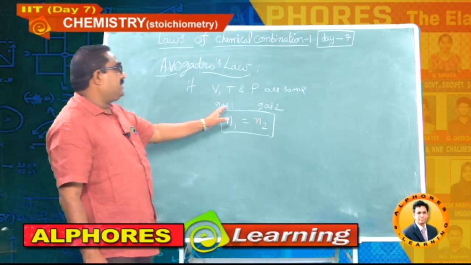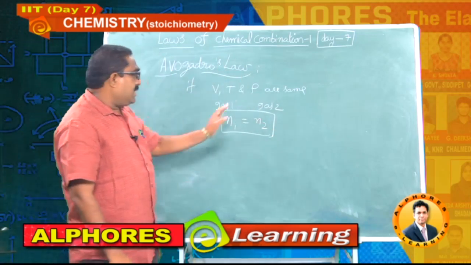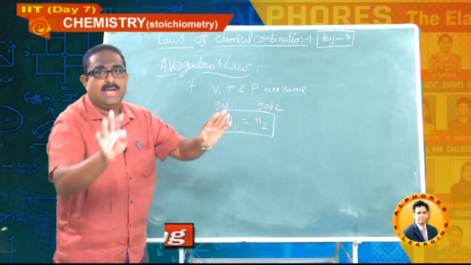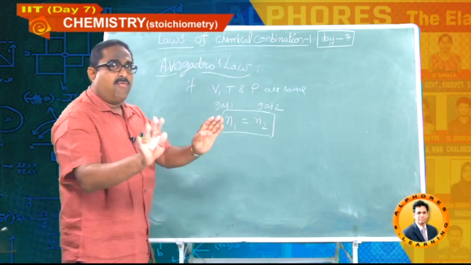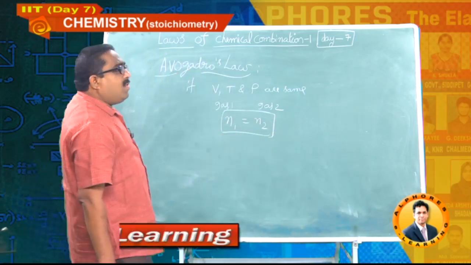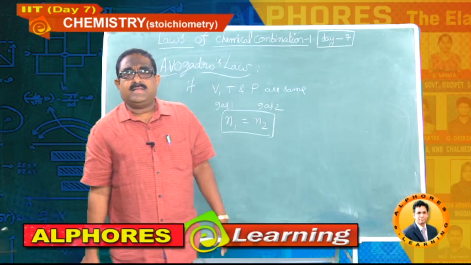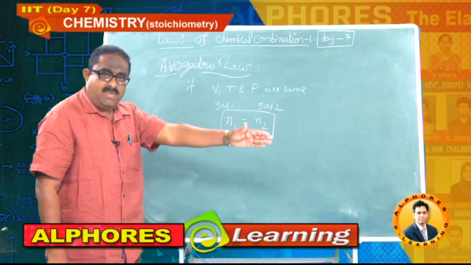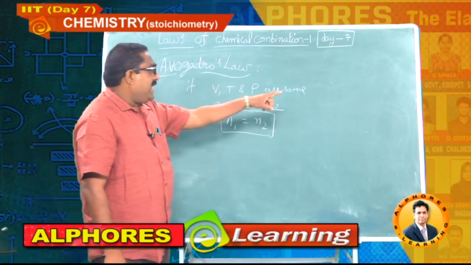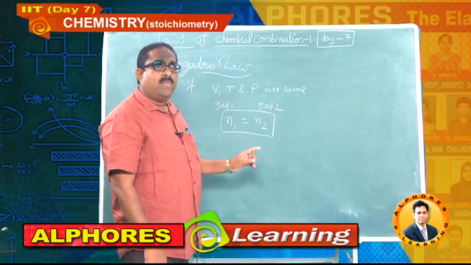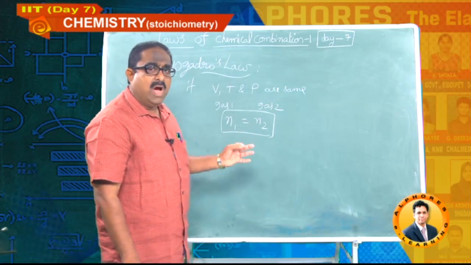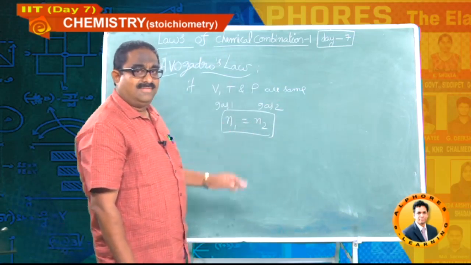If it contains 10 molecules, that also should possess 10 molecules. If it contains 1 mole, that also should possess 1 mole. So, equal volumes of different gases measured under similar conditions of temperature and pressure will contain the same number of moles or molecules.